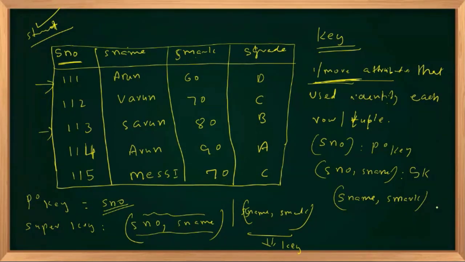It is a candidate key. It is also a key, but it uniquely identifies without being a super key, and it is not a primary key. It is a candidate key.